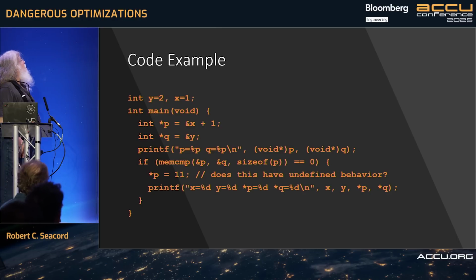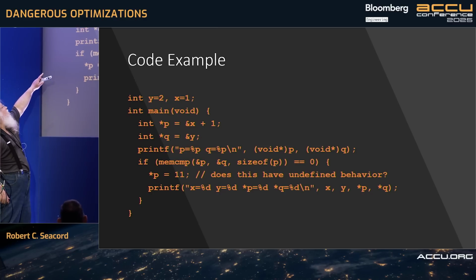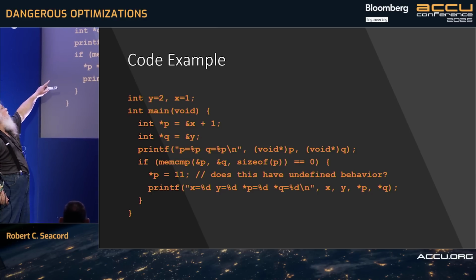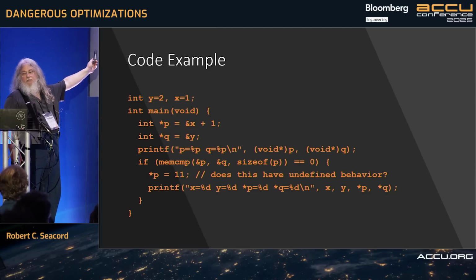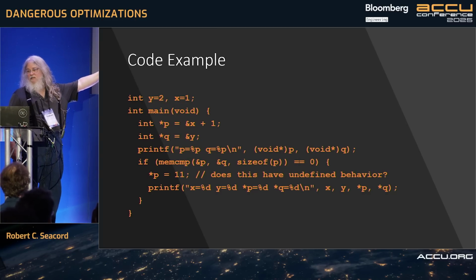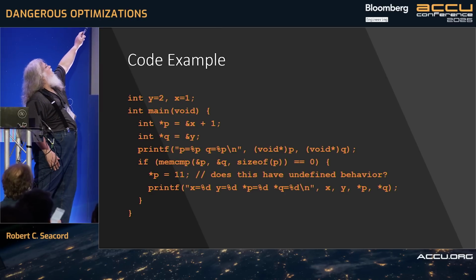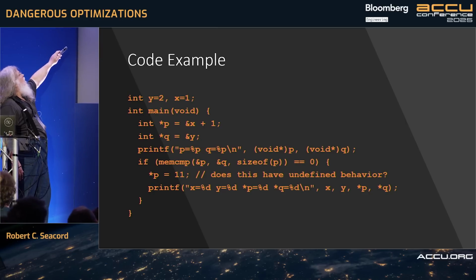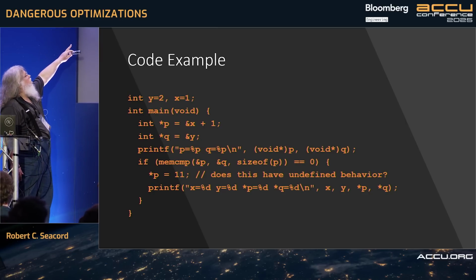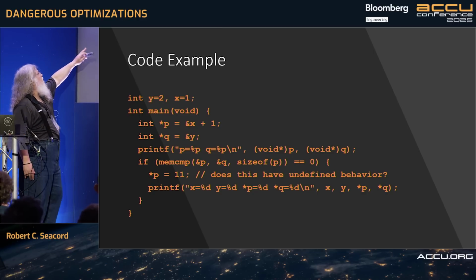Here's a good example. We define P to be X plus 1. That doesn't have undefined behavior, because you're creating a pointer one past the end, and you can always create a one-past-the-end pointer. Then we say Q equals the address of Y. We print out the values of P and Q just for debugging.